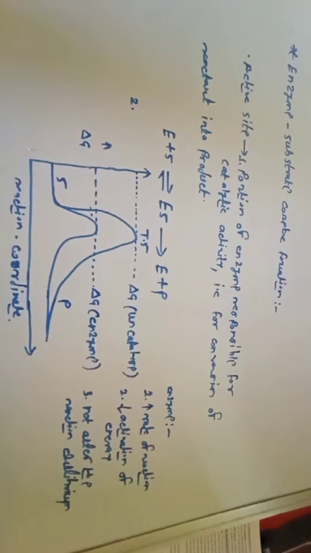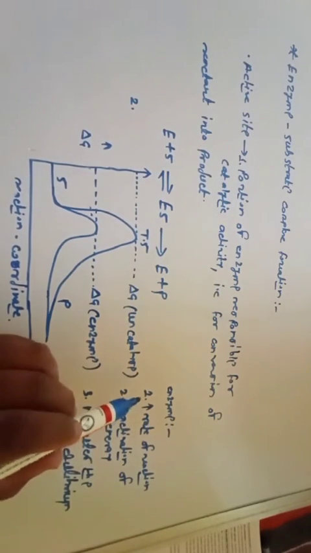It is very important to note that the enzyme only increases the rate of the reaction. So the main important point: what is the role of this enzyme in this enzyme substrate complex formation reaction, or the conversion of substrate into the product? It increases the rate of reaction.